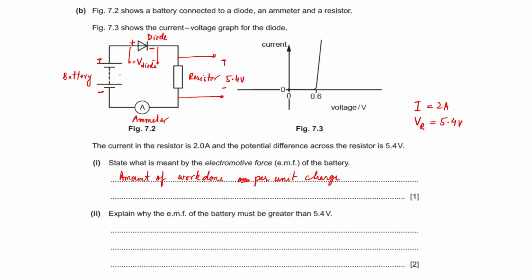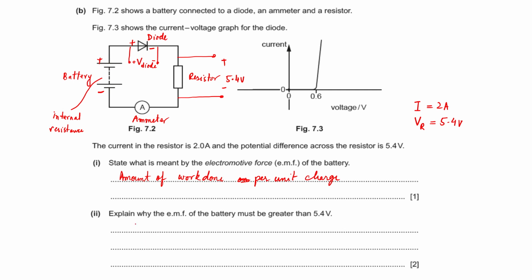The battery will also have some internal resistance, and there is some negligible loss across the wires connecting these things together. All these voltage drops must be compensated by the battery. So in order to have 5.4 volts here, our battery must be supplying more than that.